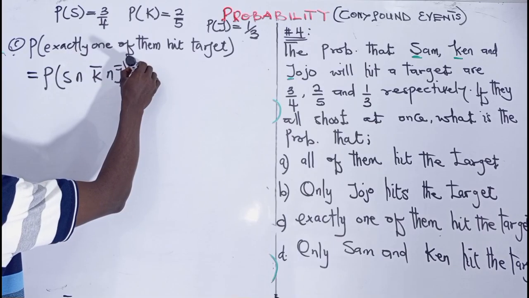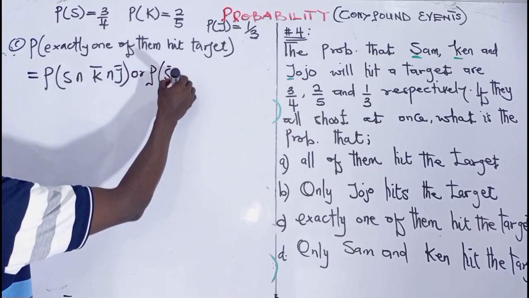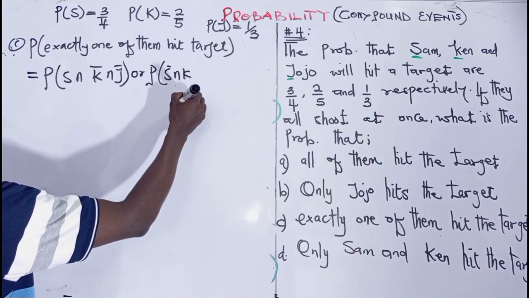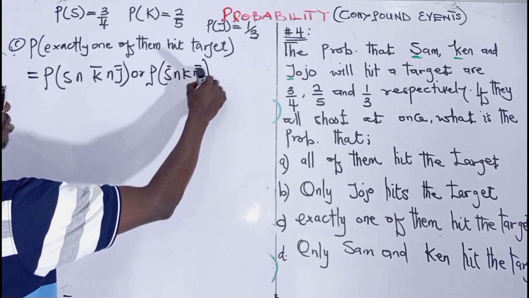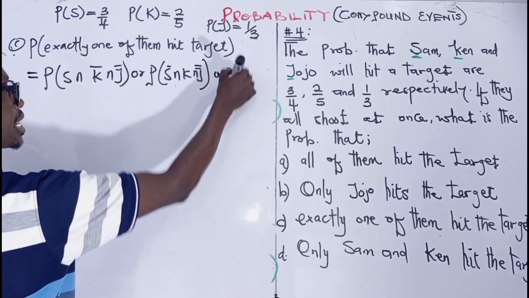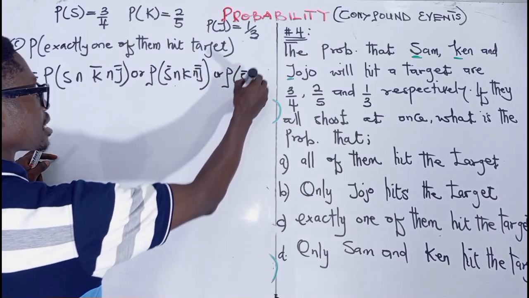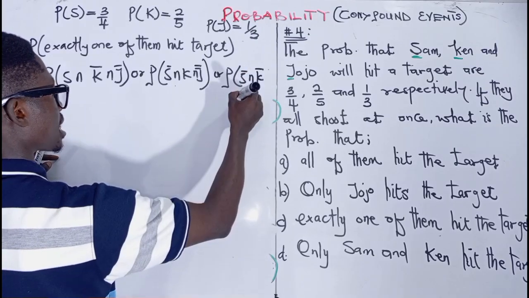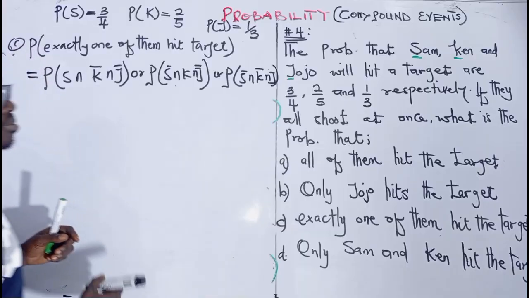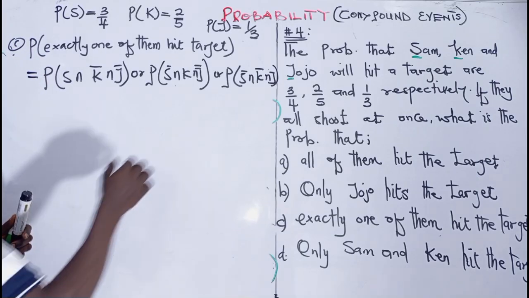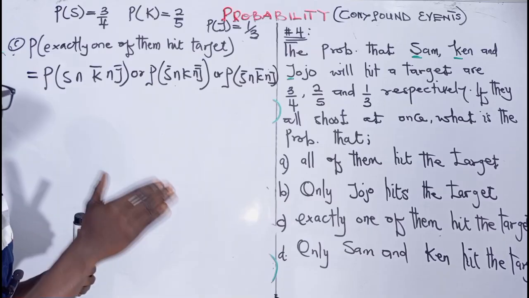Or it can happen that Sam will miss the target, and Ken will hit the target, and Jojo will miss the target. Or it can also happen that Sam will miss the target, and Ken will also miss the target, and Jojo will hit the target. So within each of these events, one of them, or exactly one of them, is hitting the target.